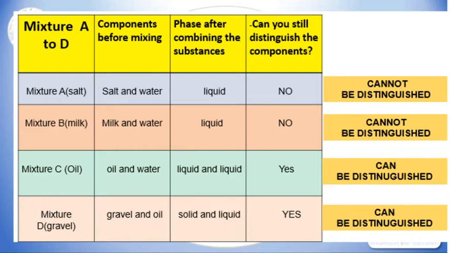Now, can you still distinguish the components? Of course not. Since the salt cannot be seen, it means we have a mixture whose components cannot be distinguished. And when you cannot distinguish the components, it is what we call a homogeneous mixture.